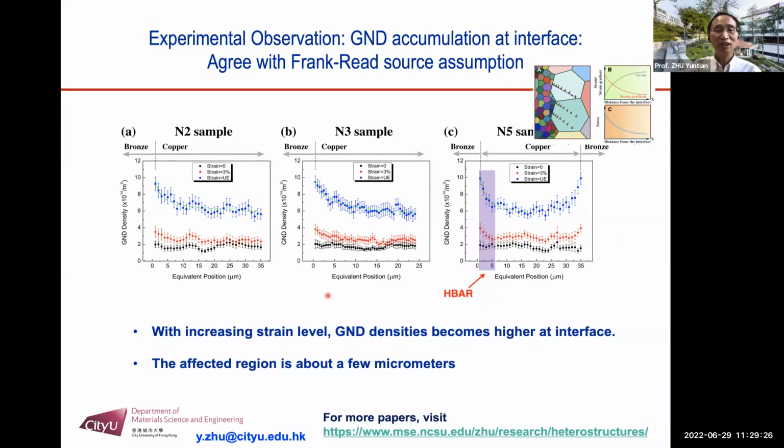With increased strain level, the GND density becomes higher and higher, which means the HDI stress will be higher and higher, and that's what gives you HDR hardening. The width of this affected region is typically a few micrometers, from 2 to 10 micrometers.